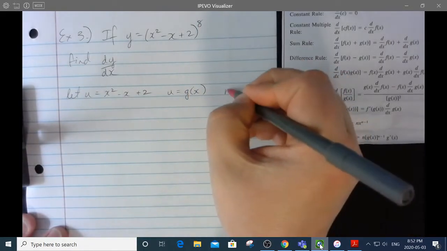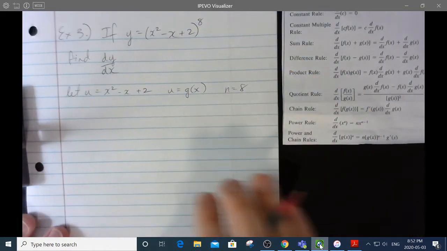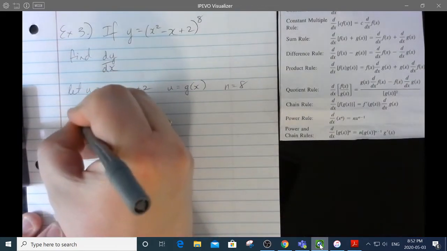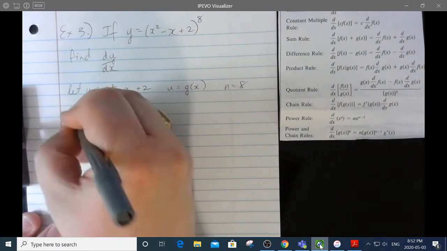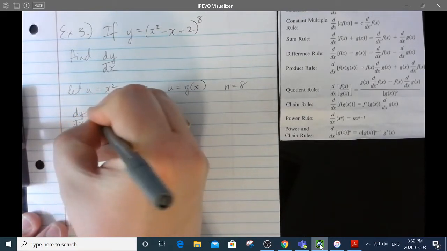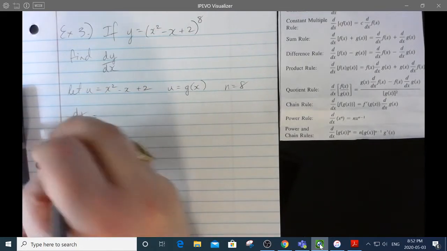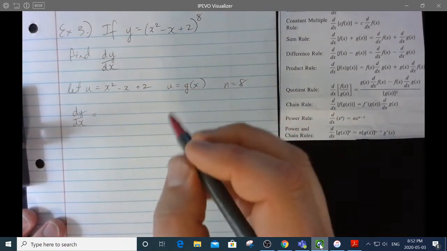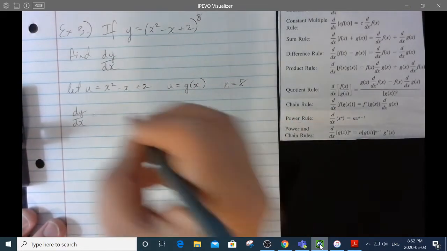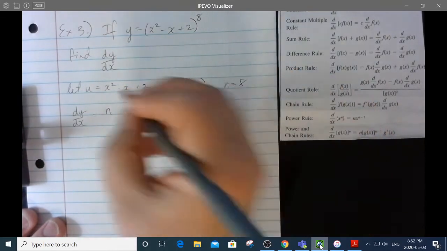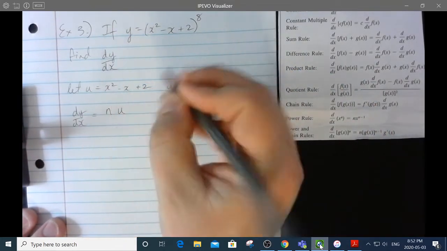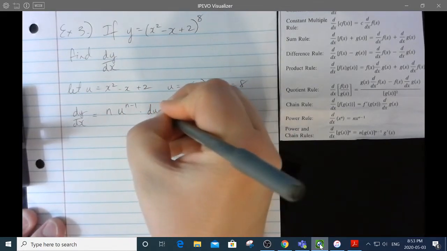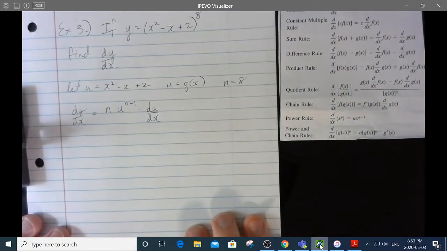Of course n here is equal to 8, and I have the formula that dy by dx should equal, in Leibniz notation, n times u to the n minus 1 times du dx. So there's the Leibniz notation.